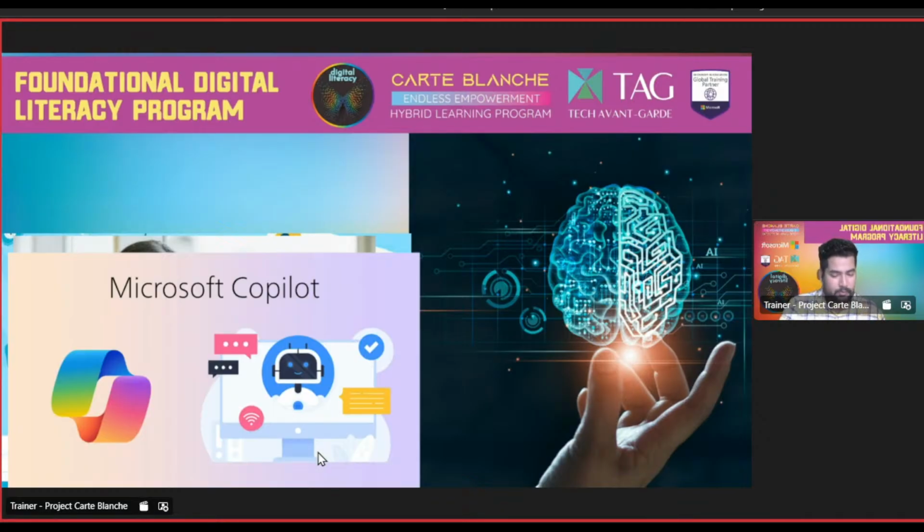So, Microsoft has also developed Copilot as a platform, which is based on the generative AI method and is very knowledgeable, meaning it is trained on a lot of knowledge. Today, when you ask any questions, it tries to answer with its best understanding.